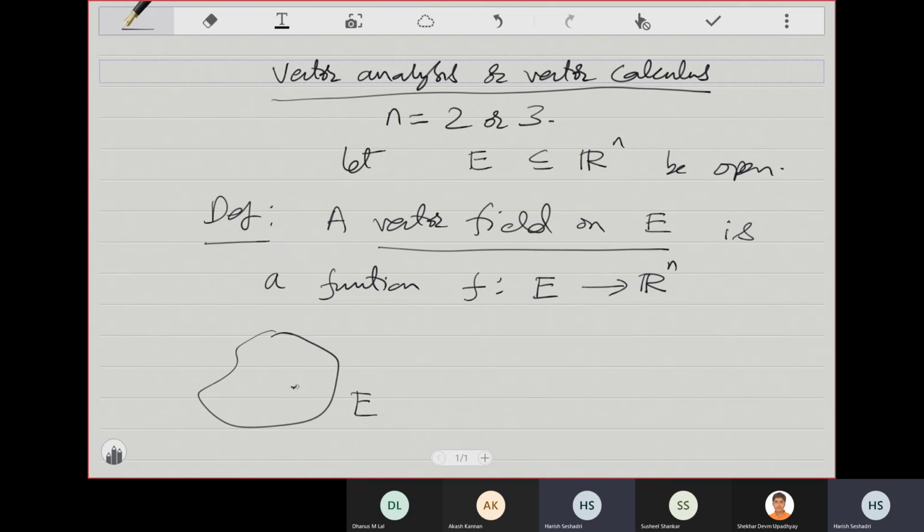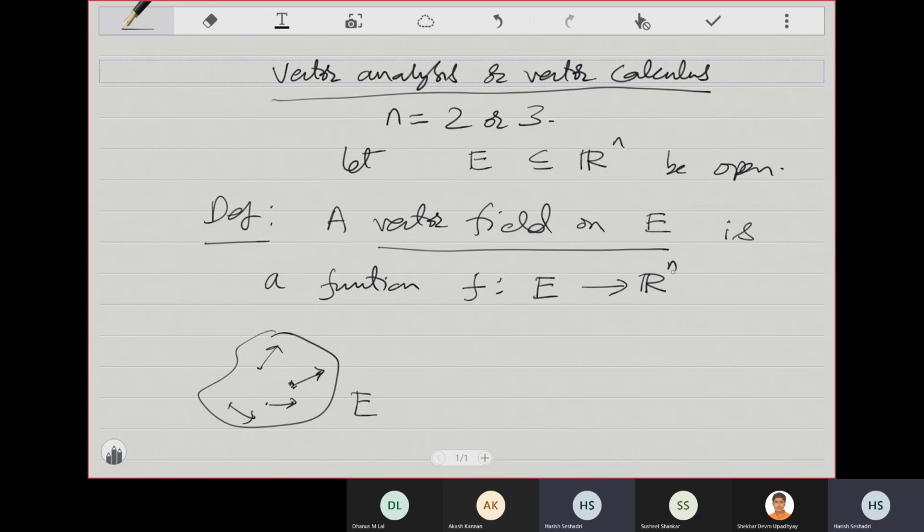At every point in E, you are assigning a vector, which one thinks of as an arrow starting at that point and ending at some point. This is a very simple and quick way of precisely capturing what one means by a vector field as we think about it in physics or engineering. It doesn't require too much theory to define this, unlike a differential form, which requires a bit more. So it's just a function from here to here.